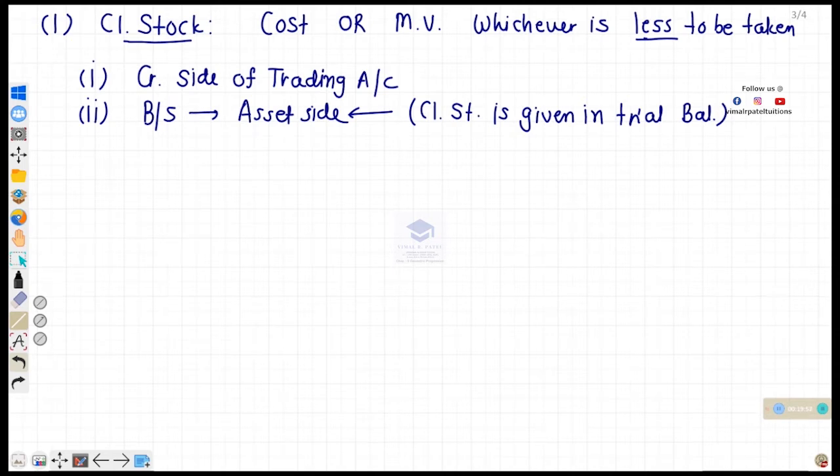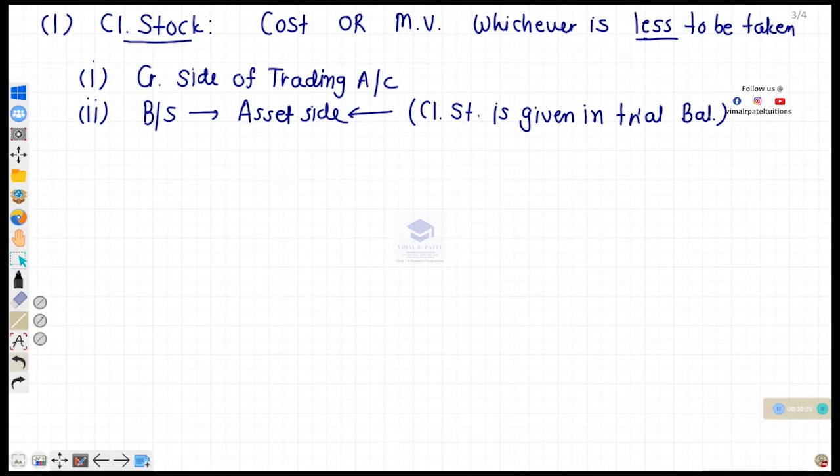So cost price is 1 lakh, market price is 1,20,000. So which value will we take? 1 lakh. Cost price or market price, whichever is less. Whichever is less, that should be taken. If market price is less, take market price. If cost price is less, take cost price, whichever is less.